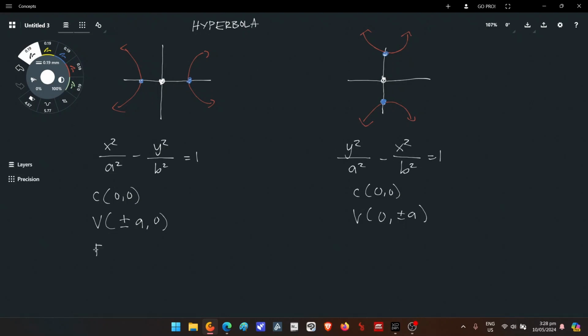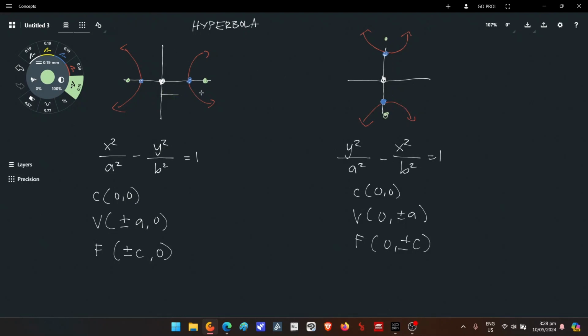And to find the foci, it is simply positive, negative c, comma 0. And for this one it is 0, comma, positive, negative c. The foci are located on the inside of the hyperbola.